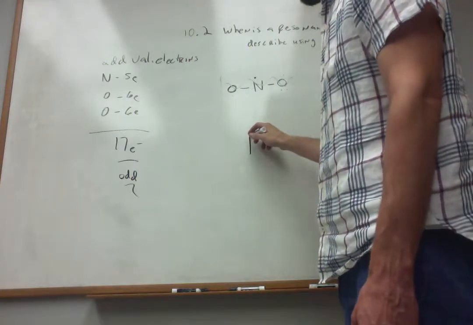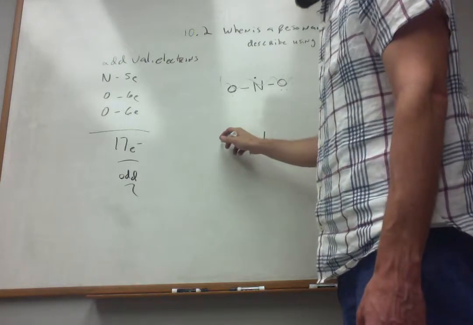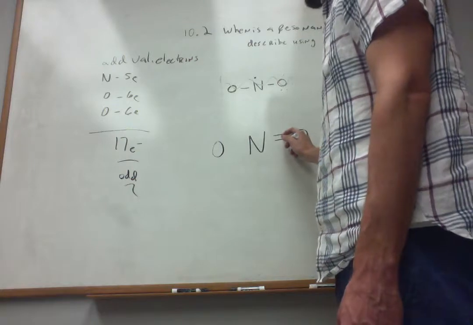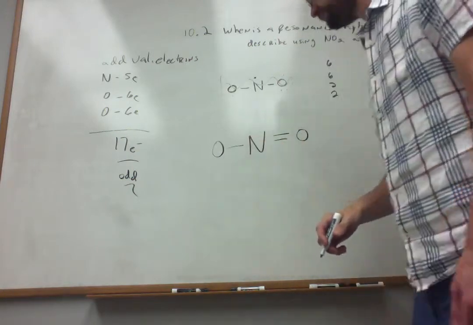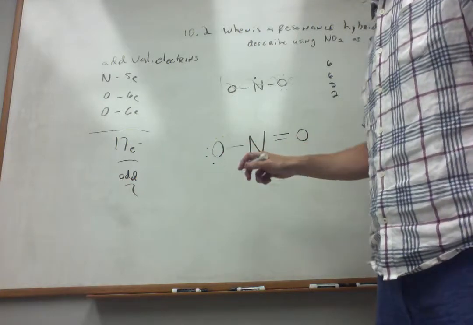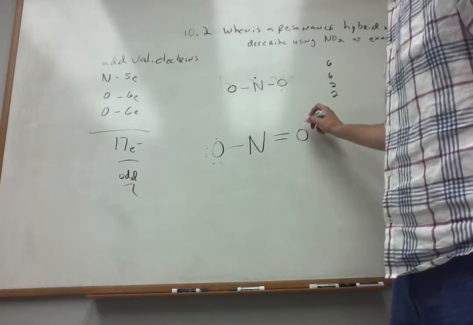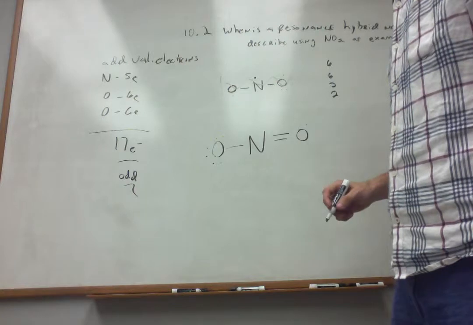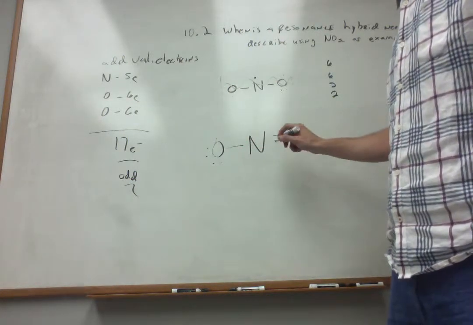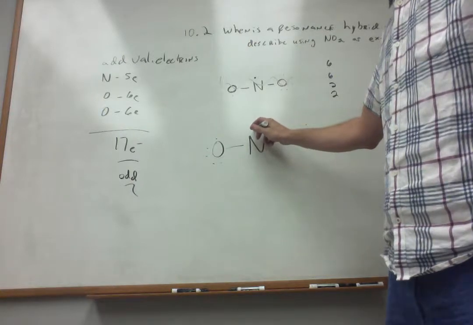Maybe what I could do is share more electrons. So I'm going to write my nitrogen in the center. Maybe I could do 1, 2, 3, 4, 5, 6, then 2, 3, 4, which makes 10, 12, 14, 16, 17.